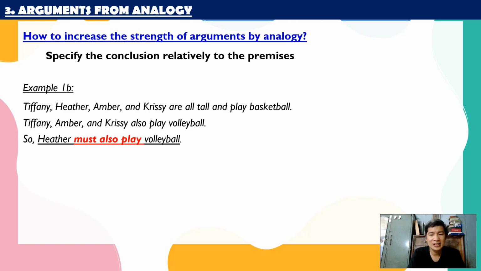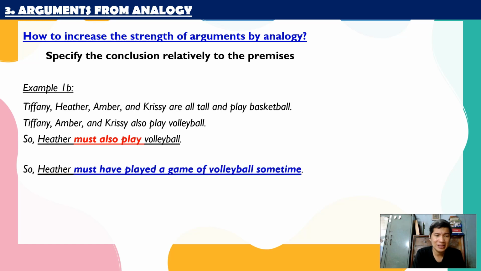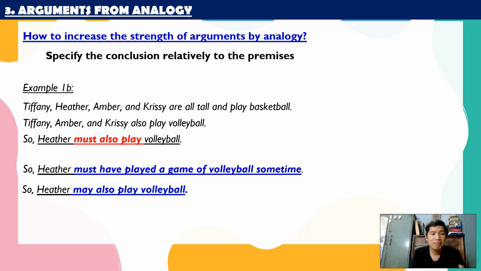Again, this is an inductive argument. Even for this one, we have four similarities, and we say, so Heather must also play. Still sounds strong, is it right? How can you use the word must? You can make it softer by saying, so Heather must have played a game of volleyball sometime in the past. Or maybe Heather may also play volleyball. Right?